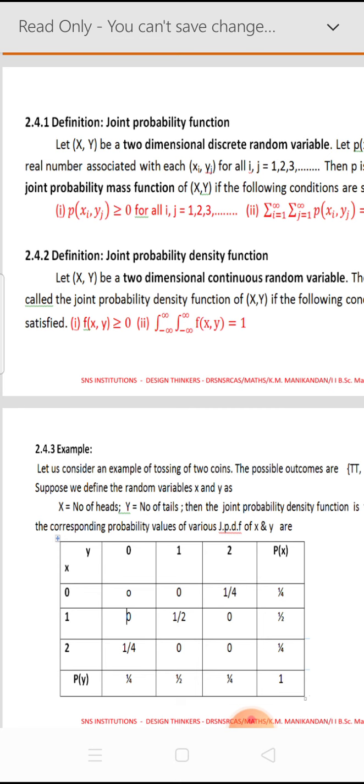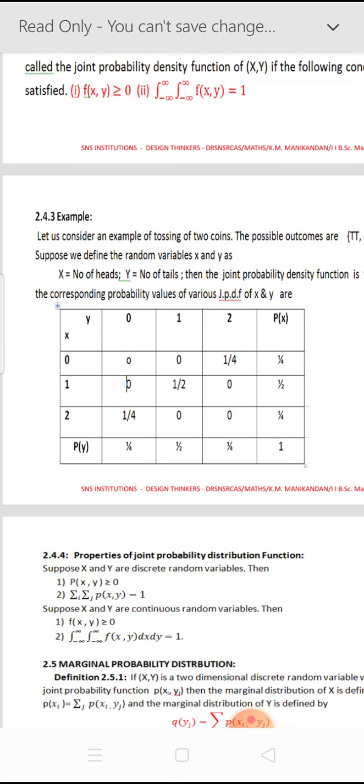Condition 1: f(x, y) must be greater than or equal to 0. Condition 2: the integral from minus infinity to plus infinity, integral from minus infinity to plus infinity, of f(x, y) dx dy equals 1. So now we have defined the joint probability density function for a continuous random variable.